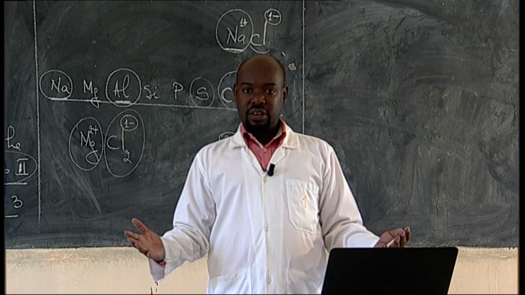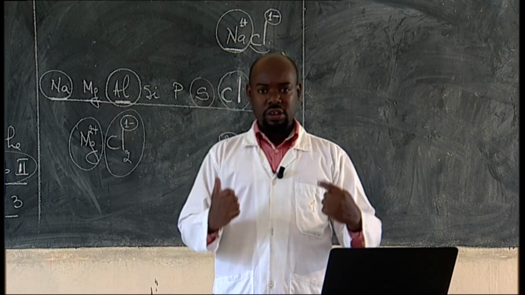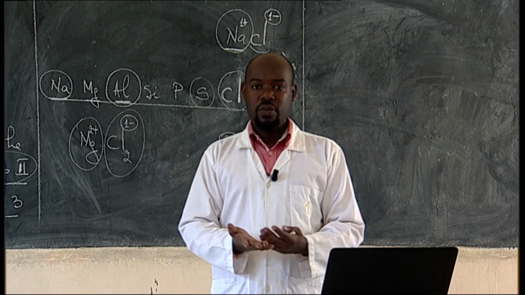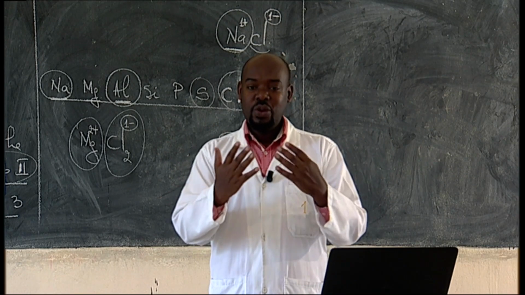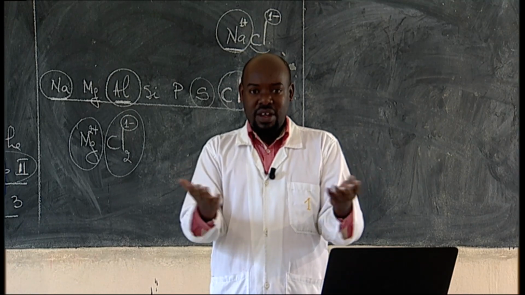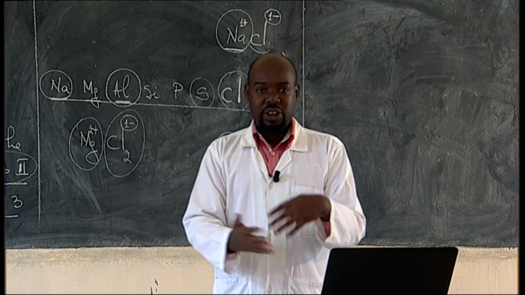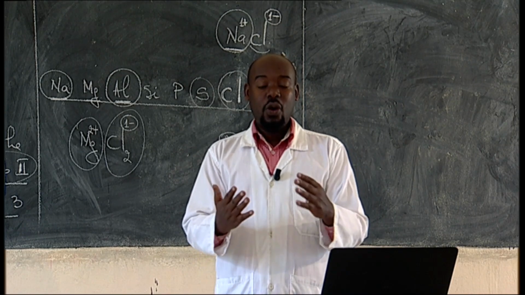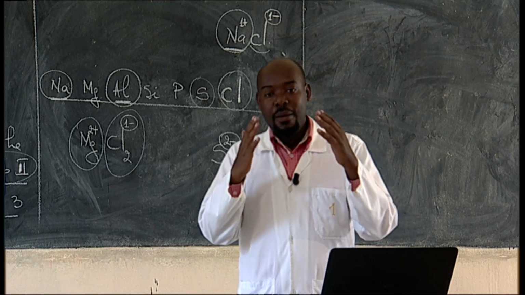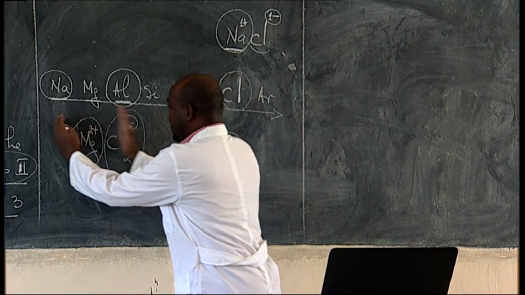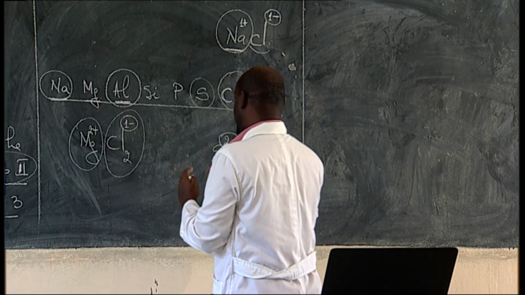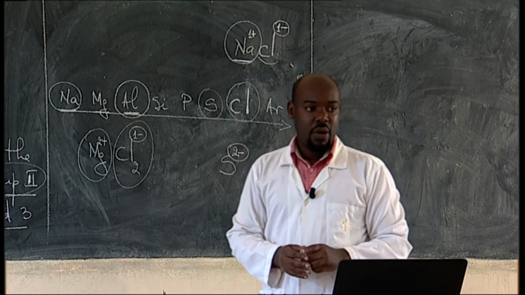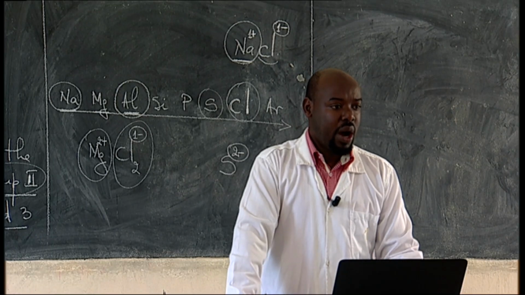A saucepan, or the aluminium foils, those foils we use to cover food. So you can easily see that they are metallic. The saucepan is metallic. The cover is also metallic. So metals are on the left side of the periodic table, while non-metals are on the right side of the periodic table. And let us explain why it is like this.